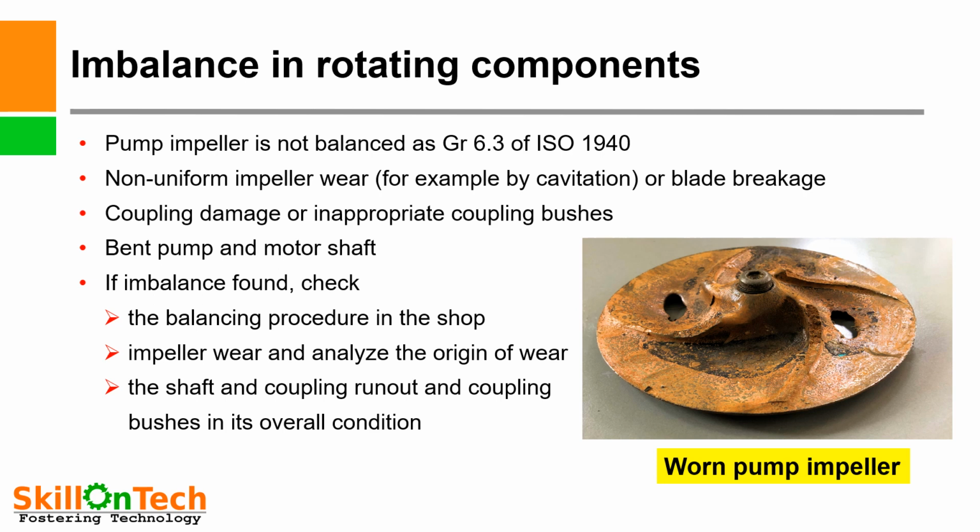The shaft and coupling runout shall be checked, and only after getting the runout within permissible limits shall they be installed. If coupling bushes are damaged, they shall also be replaced with new bushes.